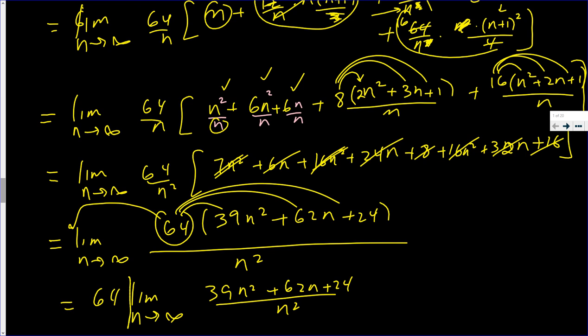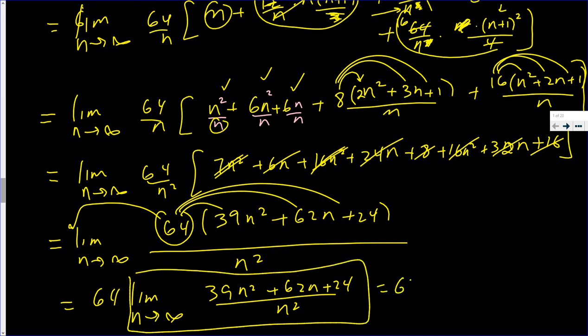So the answer is going to be 64 times the limit, which is in the brackets, in the box. Well, there's an understood one here. The degrees of the top and the bottom are the same. They're 2. So you're going to get 39 over 1, which is 39.